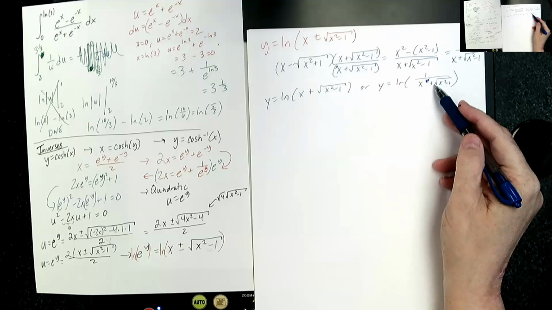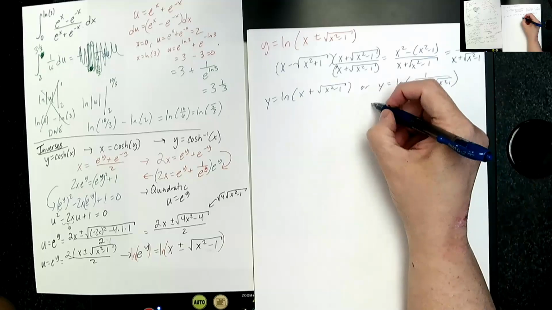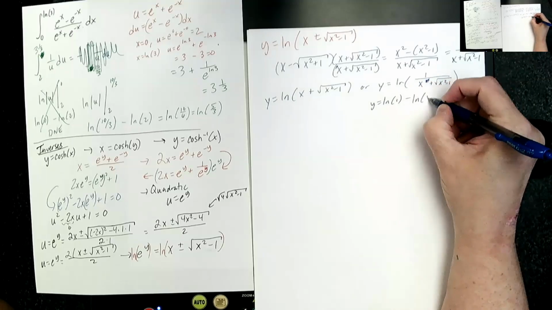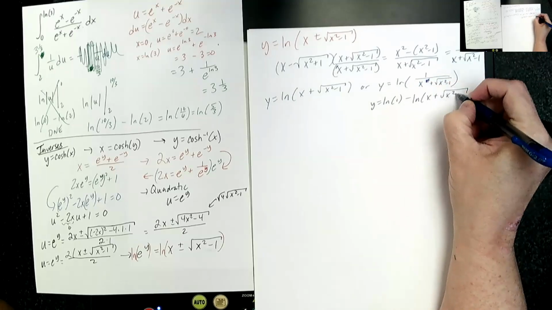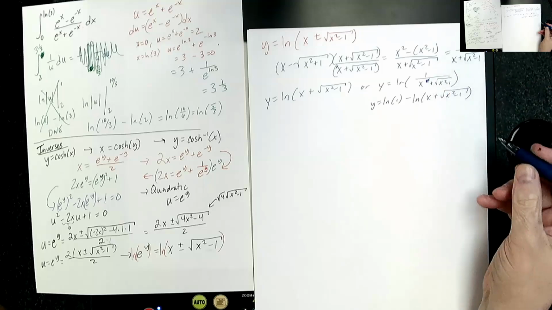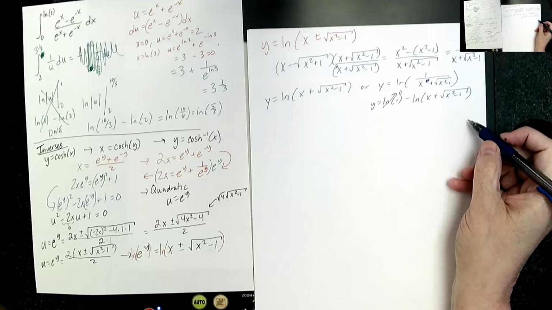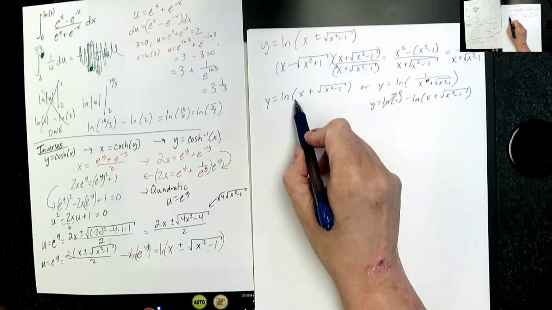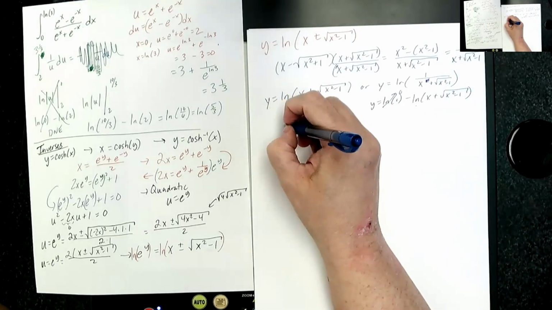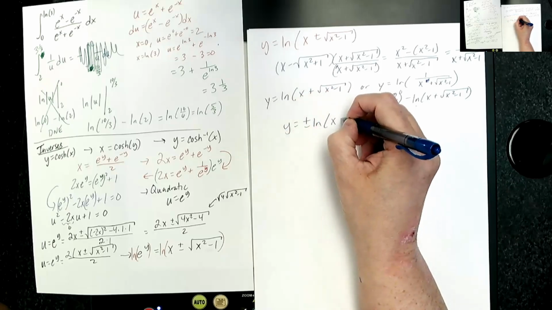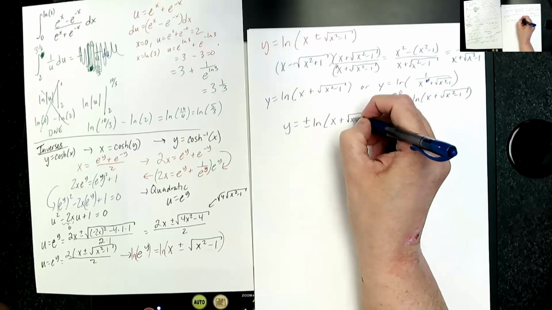But this is just natural log of 1 minus natural log of x plus square root of x squared minus 1. Or you treat it like an exponent. This is 0. And now I've got the negative version of that one. y equals plus or minus natural log of x plus square root of x squared minus 1.